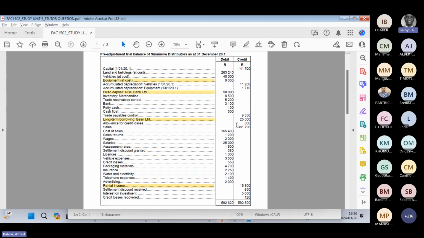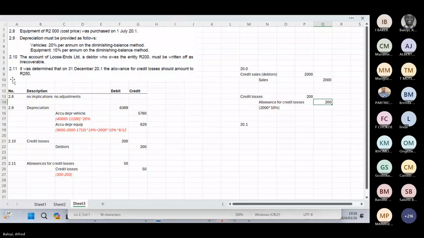We already had an allowance for credit losses of 300. Now at the end, we're saying maybe it's no longer 10%, for example, it's 15%. So when we change that, we will have this adjustment. I hope that makes sense, but if you have any questions, we may start asking.